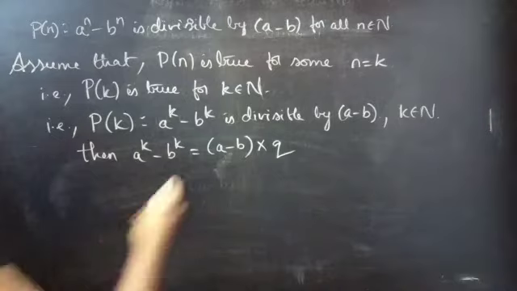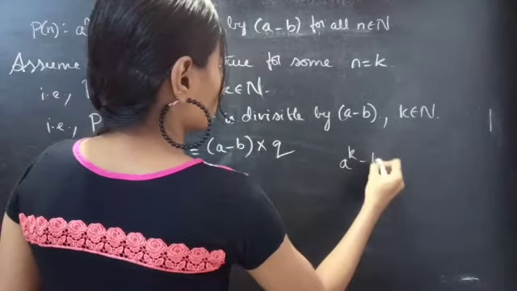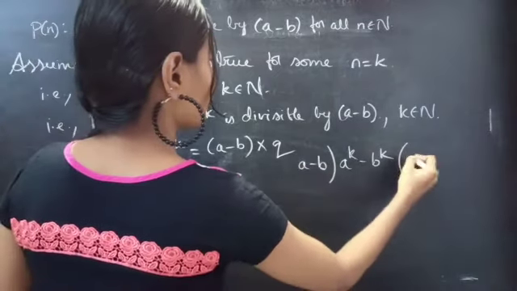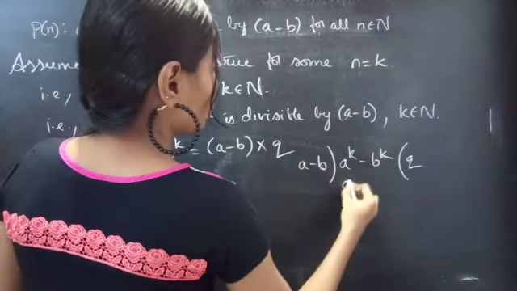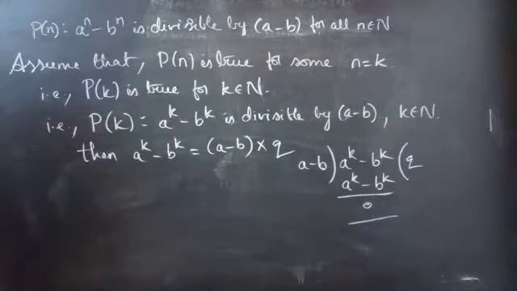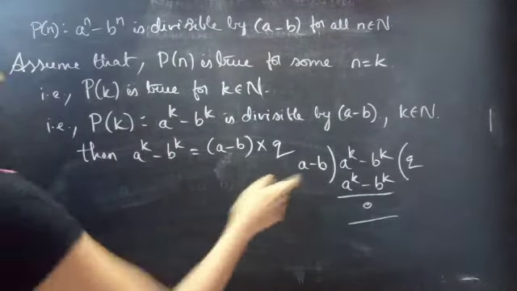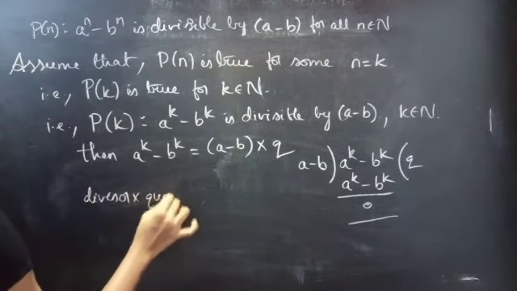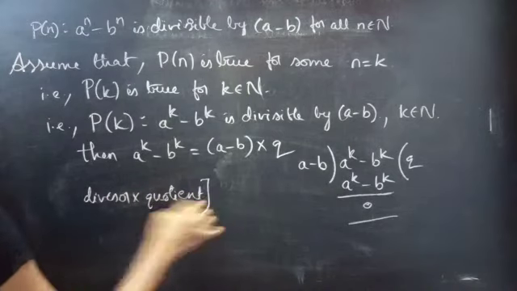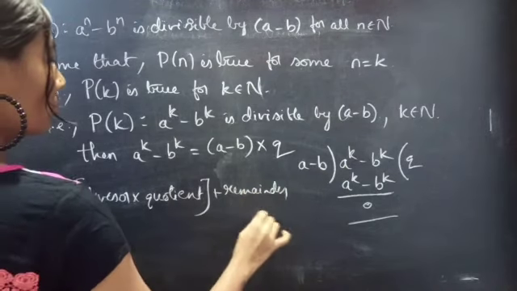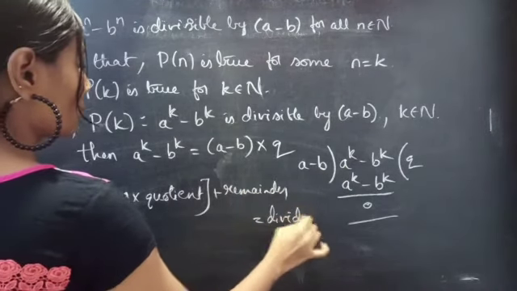Okay? So we can just represent it as: dividend is divisible by divisor with quotient q with remainder 0, right? Which is nothing but divisor into quotient plus remainder gives dividend.